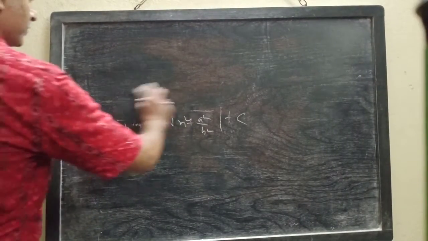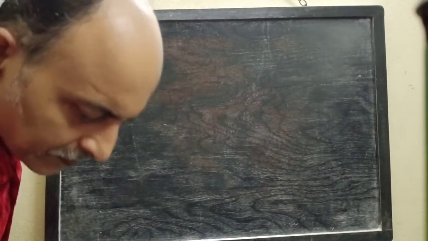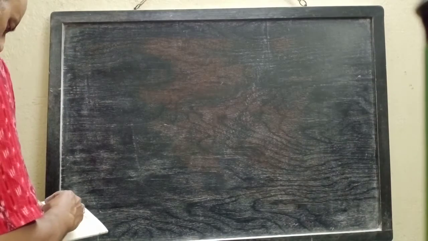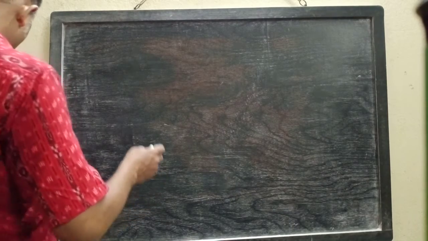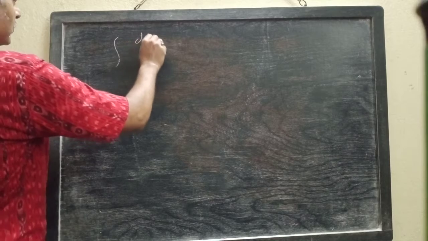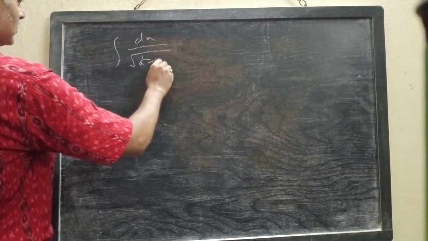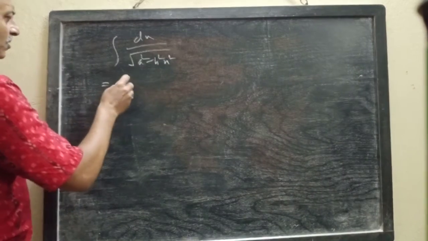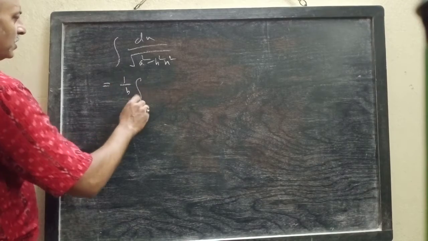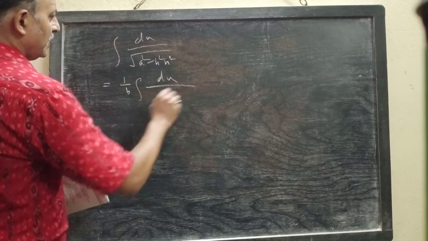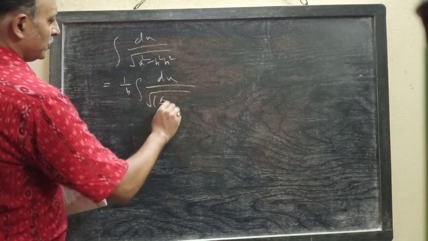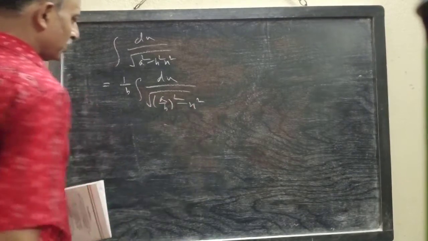Next. Suppose we have this problem: under root a square minus b square x square. Then b square will be taken out, so you get 1 by b integration dx by under root a by b whole square minus x square.